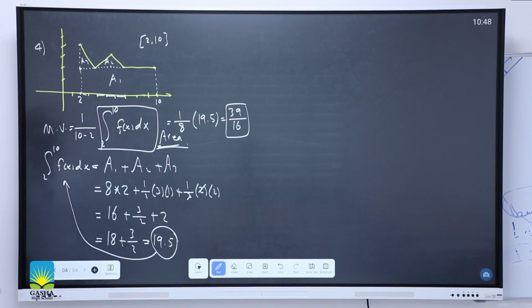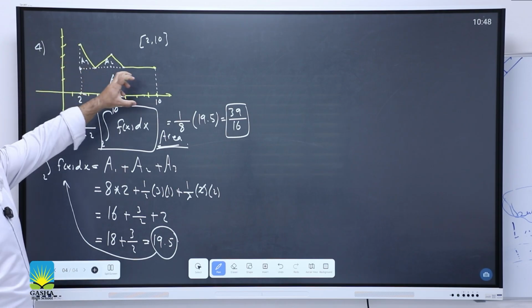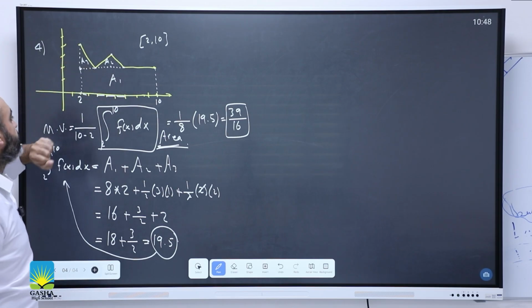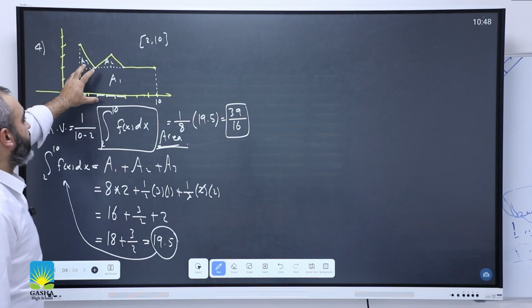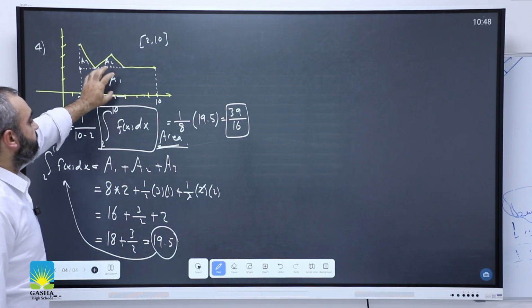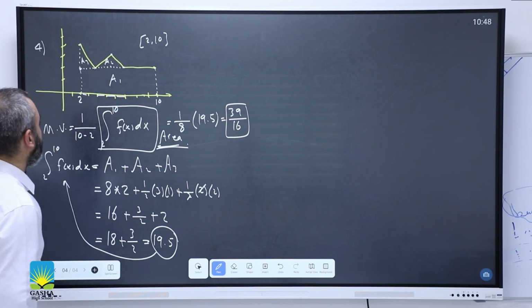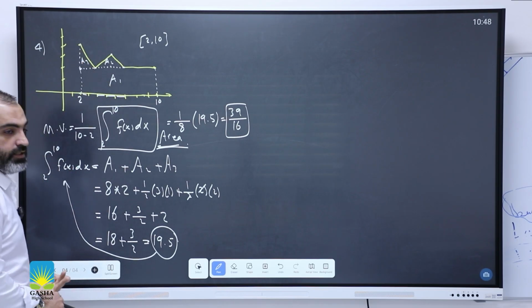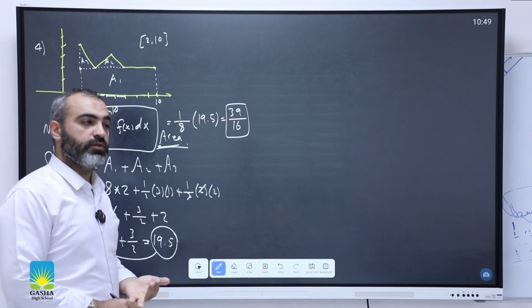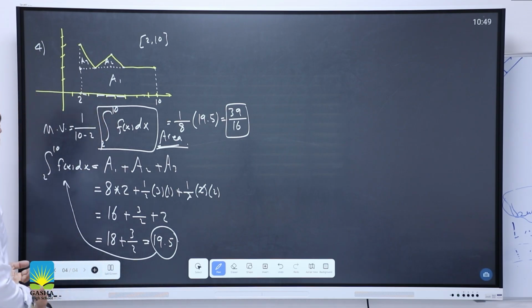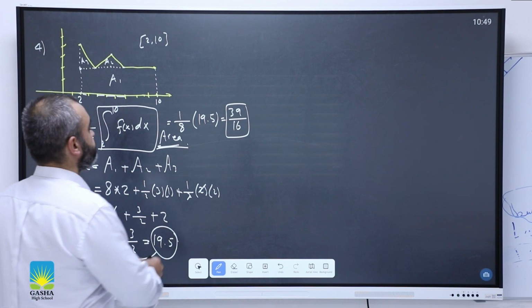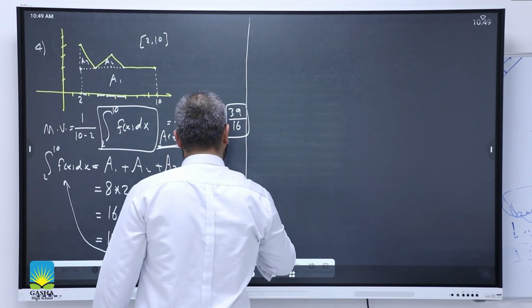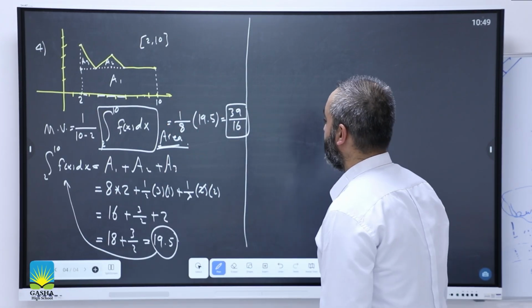So if I give you the graph of the function, we can divide it into some special areas like the rectangle and triangle, and more than one, I think, convert to square, anything, right? This is the mean value.